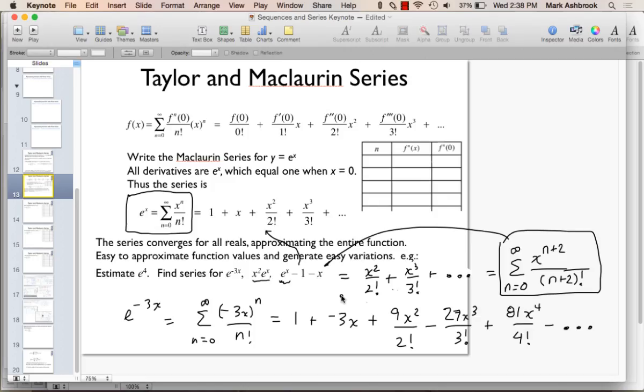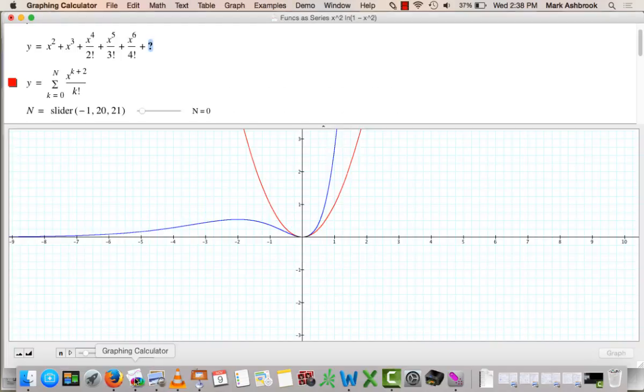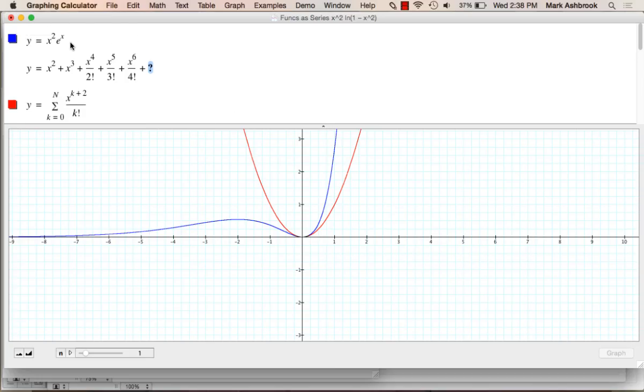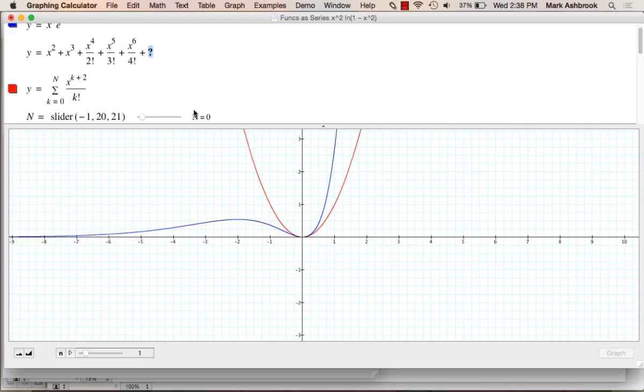So let's see that. Here the blue function is the actual function, x squared e to the x. And then here is showing just the first term, so just the x squared term gives you x squared, right? So that's trying to approximate x squared e to the x.